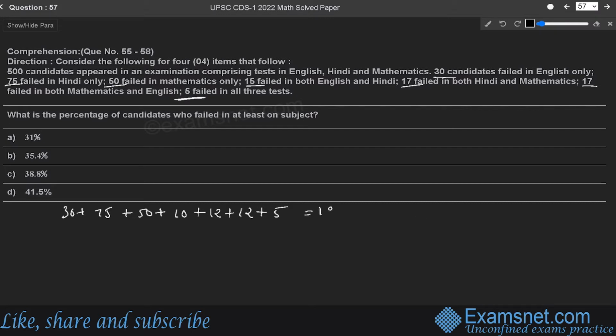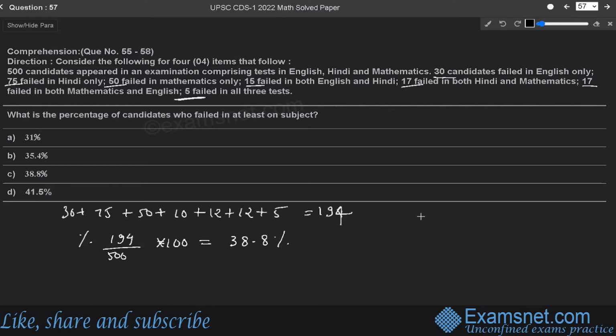So this will be equal to 194. Now we have to find the percentage of these candidates. So percentage will be again 194 upon 500 into 100, which will be equal to 38.8%. So it is very similar to the previous question that we are solving.